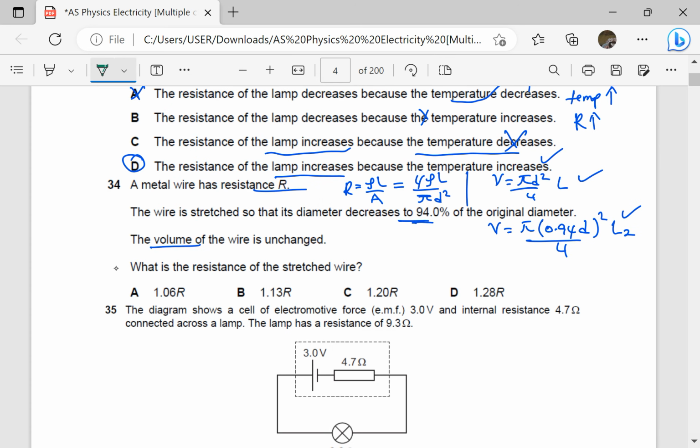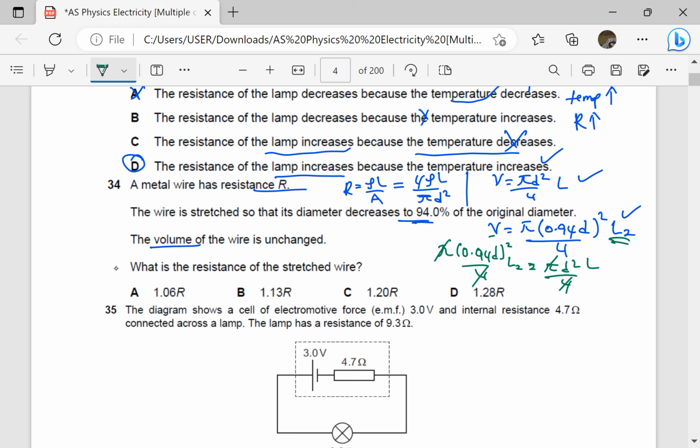I'm just going to equate them to find L2. Because volume is the same, pi times 0.94 d squared over 4 times L2 is equal to pi d squared L over 4. So 4 cancels, pi cancels.